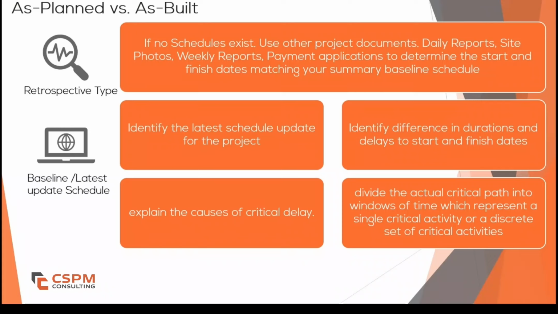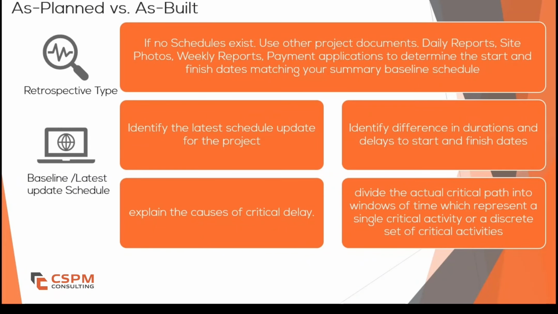We divide the critical path into windows of time, each representing a critical activity or set of related activities. Fifth, determine causes of delays. By analyzing these delays in context, we identify whether they were caused by unforeseen events, poor planning, or other project factors.